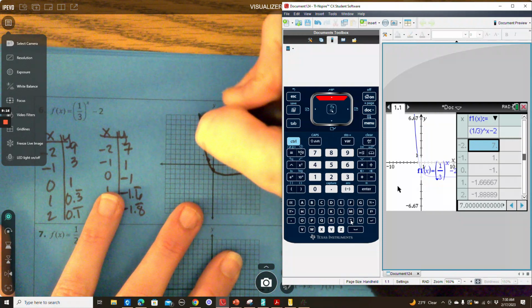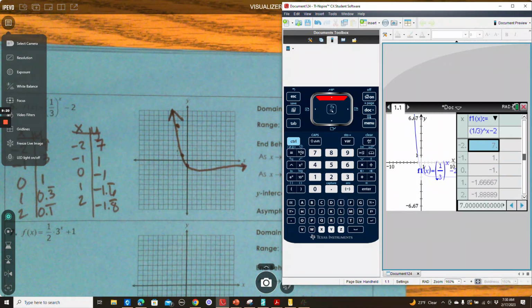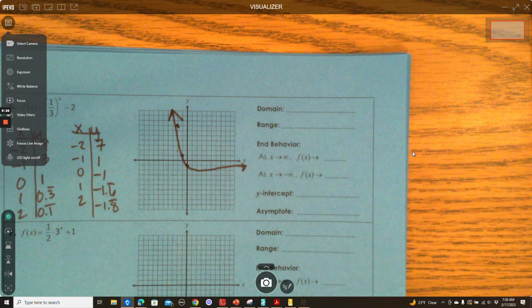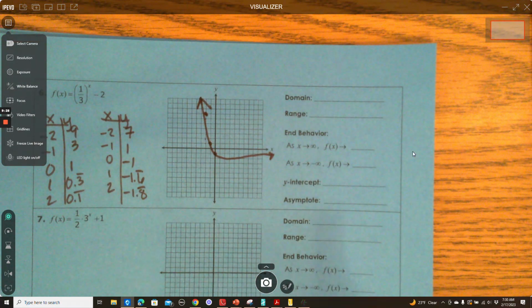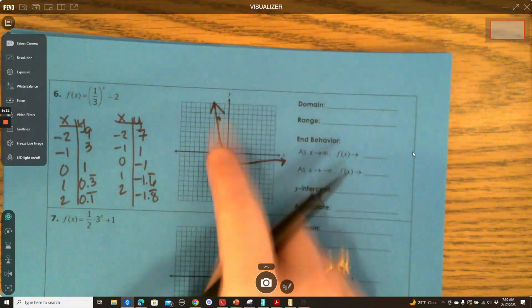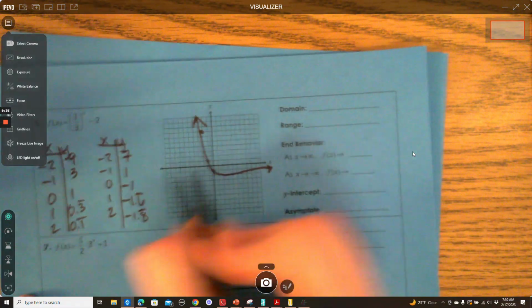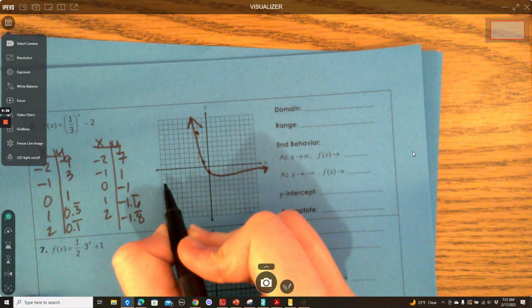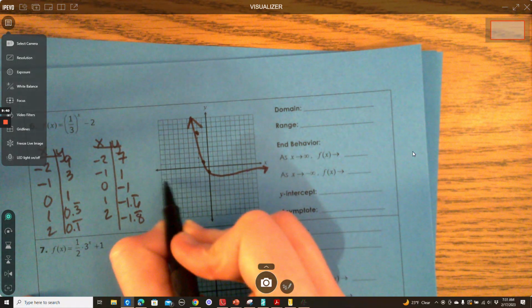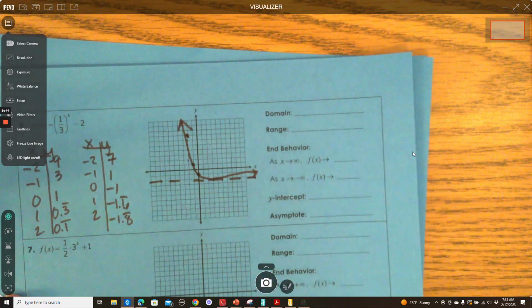Sorry, that's a horrible line. But you can see on the calculator as well that it is shifted down below the x-axis. Left and right shifts are not going to change the asymptote. Up and down shifts, adding or subtracting to the end, are going to mess with that asymptote. So the new asymptote is, I did a really bad job drawing a straight line there.